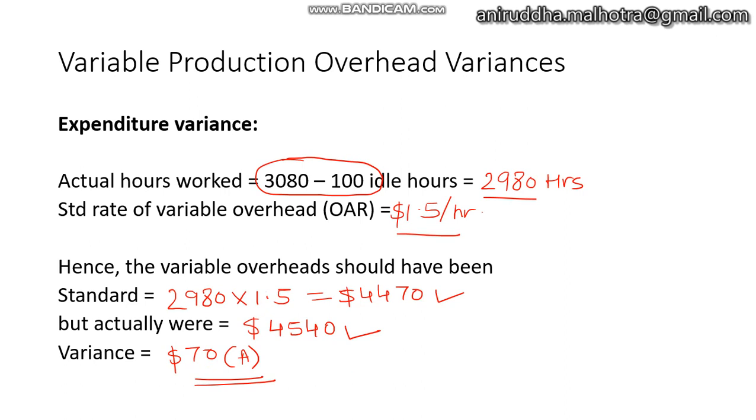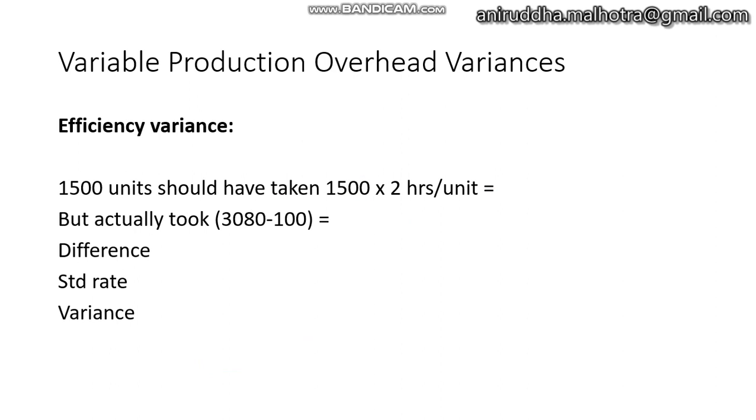Moving on to efficiency variance. In reality, 1500 units were produced, and the example told us that it takes 2 hours to produce every unit. So 1500 units should have taken 1500 into 2, that is 3000 hours. But in reality, how many hours did we actually take? Out of 3080, again 100 hours were idle. So in reality, we took only 2980 hours.